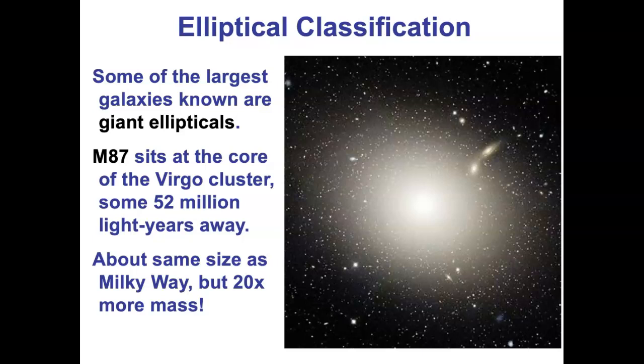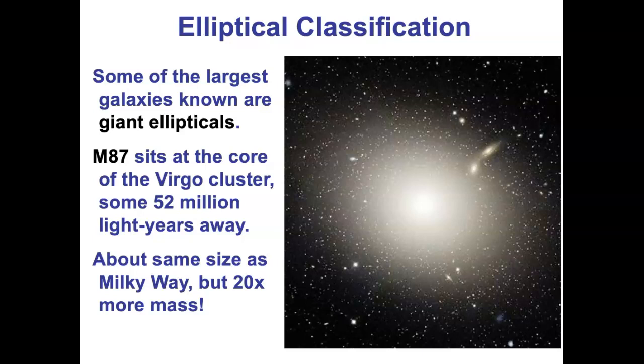These are the kinds of galaxies that you find at the center of big galaxy clusters. Our cluster of galaxies, the local group, we are living in a small galaxy cluster. The local group just has like 3 major galaxies and a few dozen dwarf galaxies. That's not much.